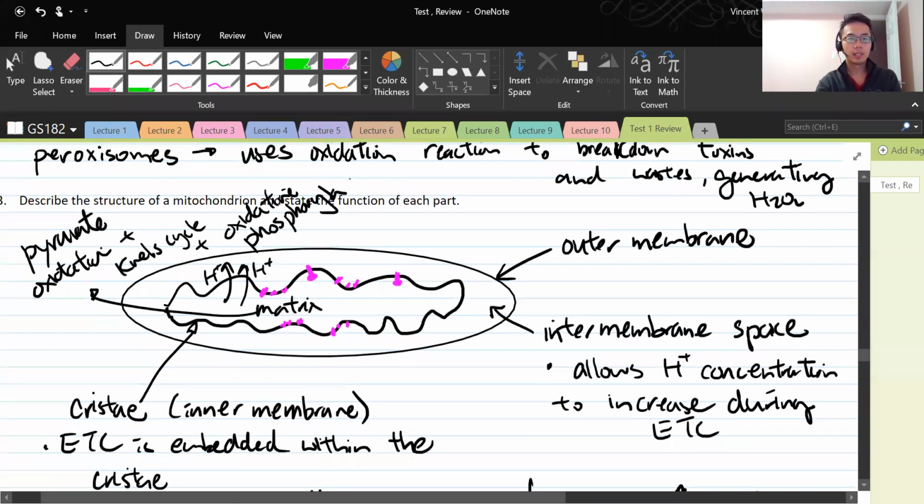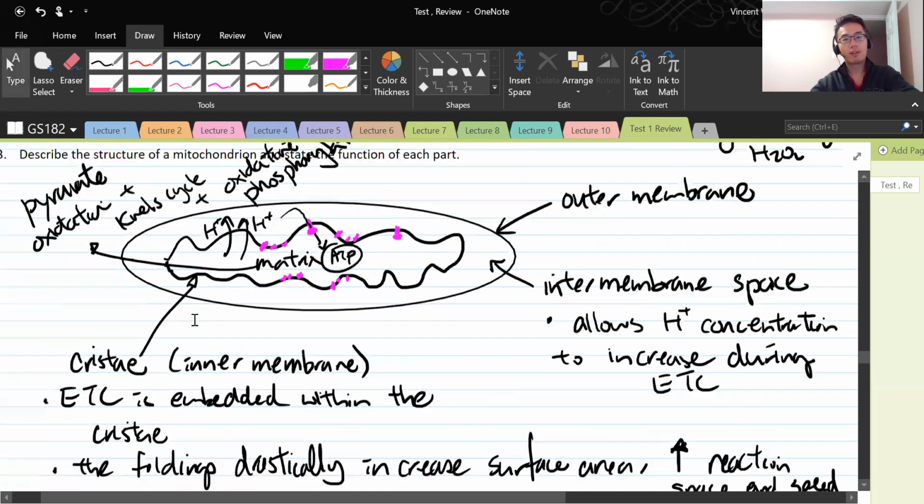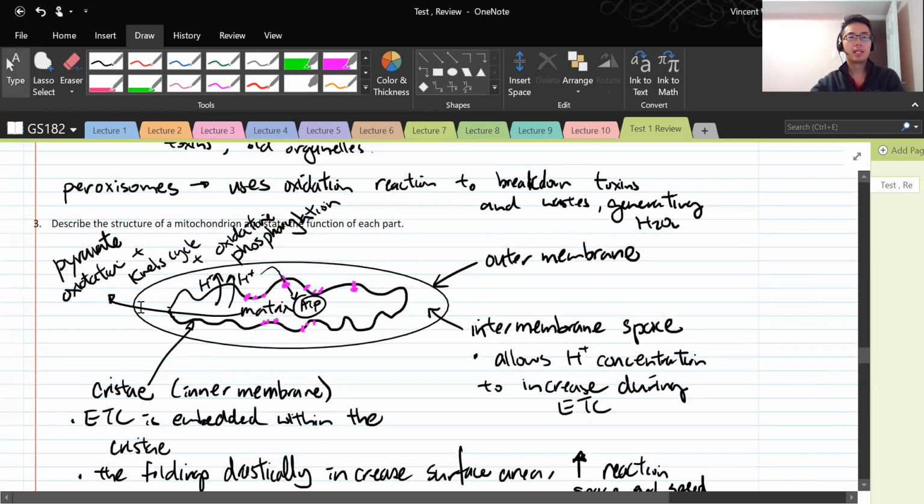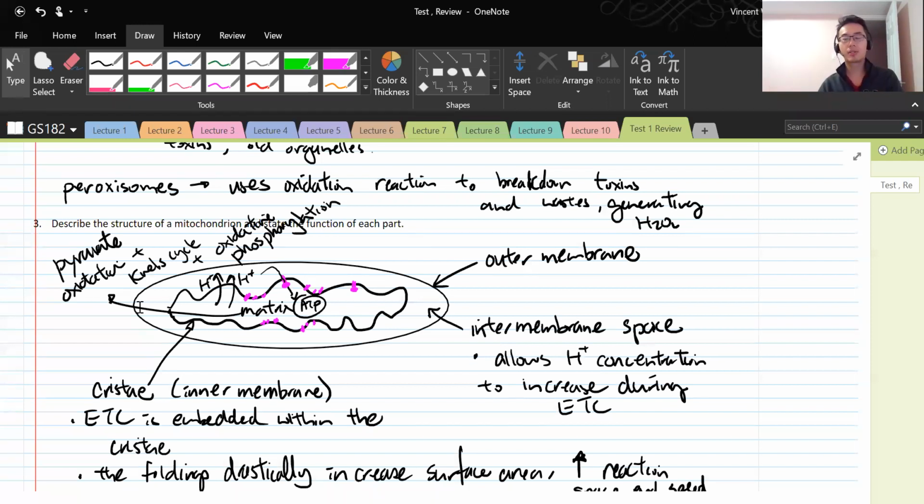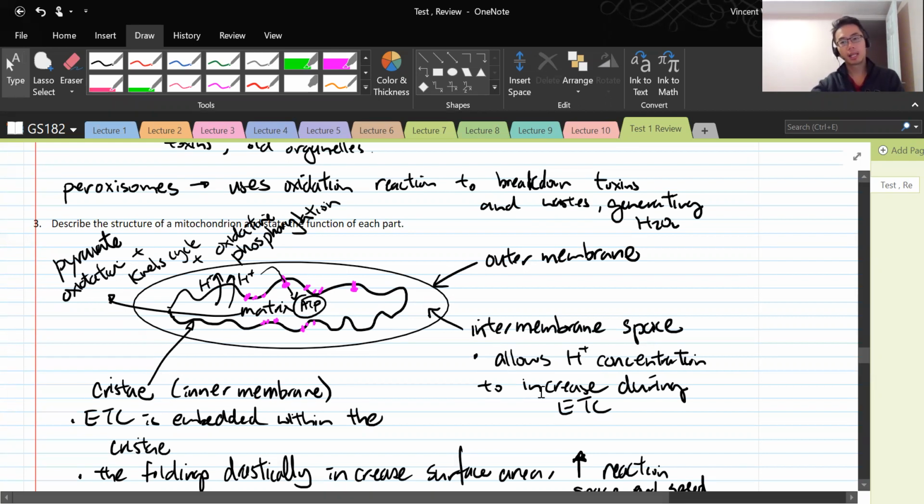Sorry. There we go. Okay, that's where when the H plus comes back in, you're gonna make ATP, right? So that is the oxidative phosphorylation, part of it anyways. So that's that. You will expect to have a lot of mitochondria in cells that require lots of energy, like your muscle cells, for example.